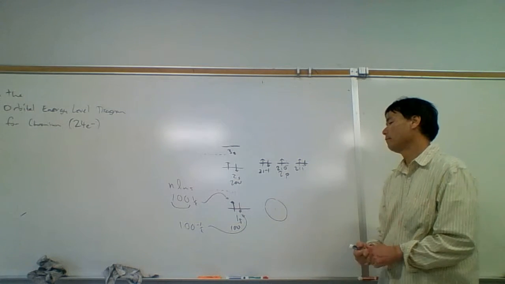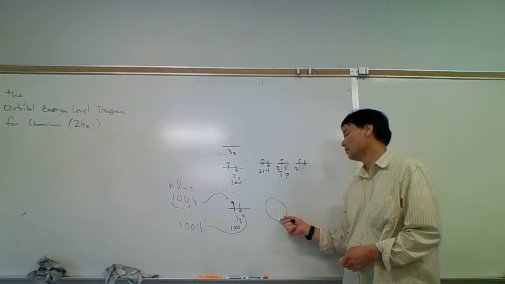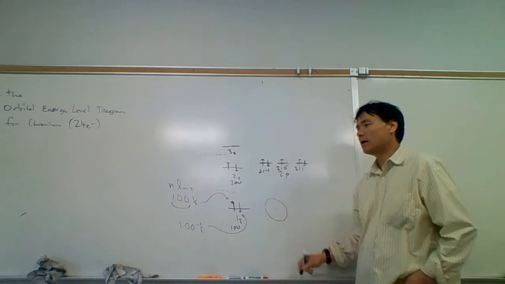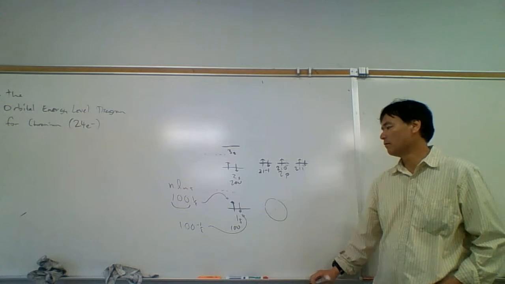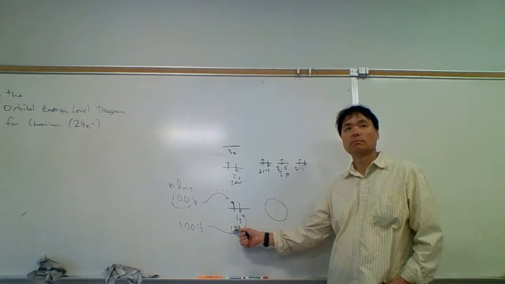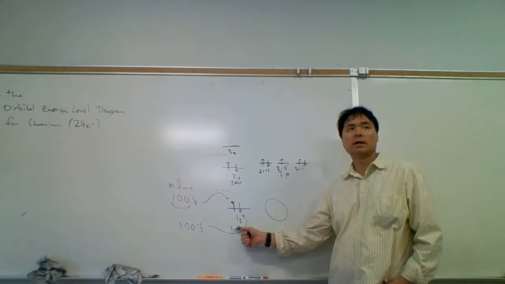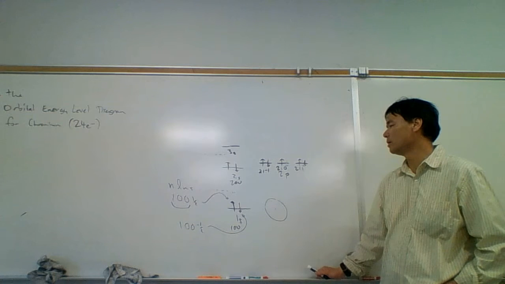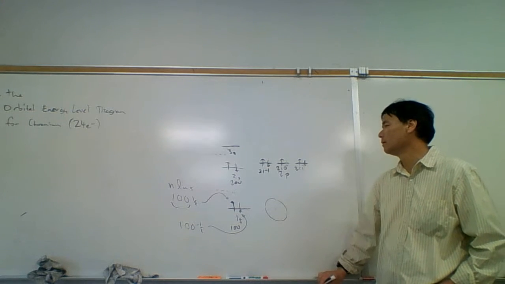Yeah. If n is 1, L cannot be 1. That would exceed the maximum L value. If n is 1, the maximum L value is what? 0. N minus 1. 1 minus 1 is 0. So I can't have an L equal 1. L equals 1 is a p orbital.